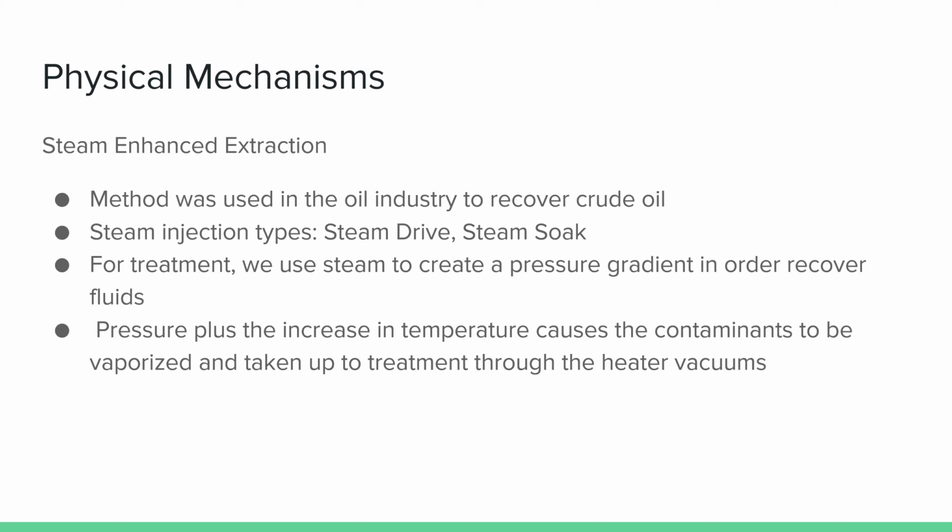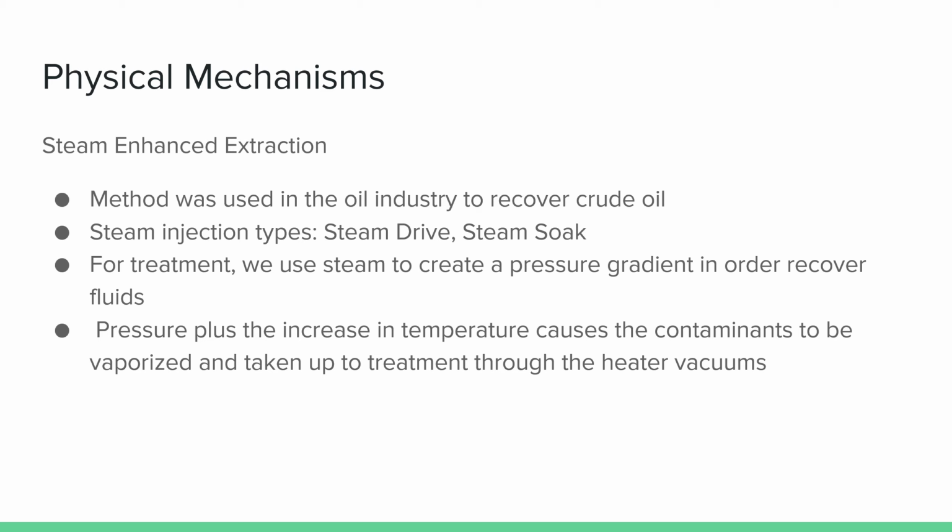Steam enhanced extraction is the same as the other two, but instead of using thermal conductive wells and electrodes, we use pipes that inject steam, and then we put a heater vacuum in the middle in the same exact way set up.